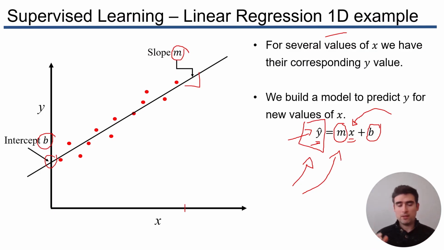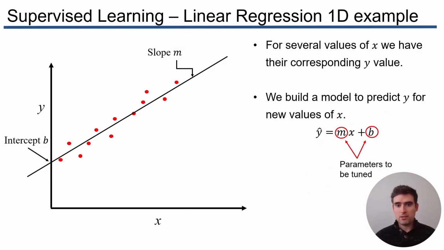And this is the y hat, the model or the line of the prediction of prices. Now, a key question is that we have these two parameters, m and b, which we want to learn from the data. So as we said, we want to collect lots of house prices, measure the square meters, and build a model that matches this data.